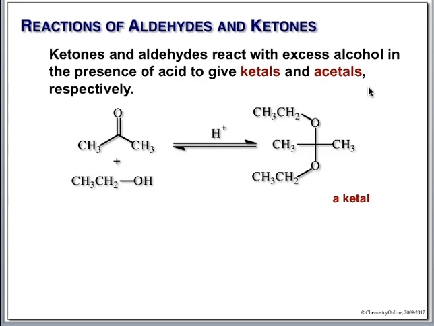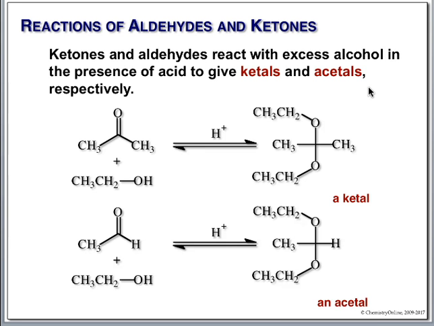Instead of reacting with water, we can also do a neat reaction with alcohols. If we take a ketone or aldehyde in the presence of an alcohol, we need an acid catalyst. We can form what's known as a ketal. If it's an aldehyde, it's an acetal. Acetaldehyde gives this acetal.